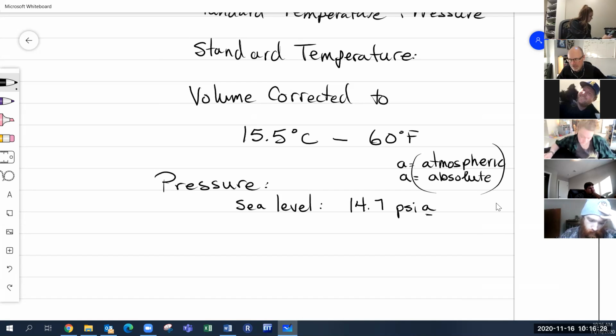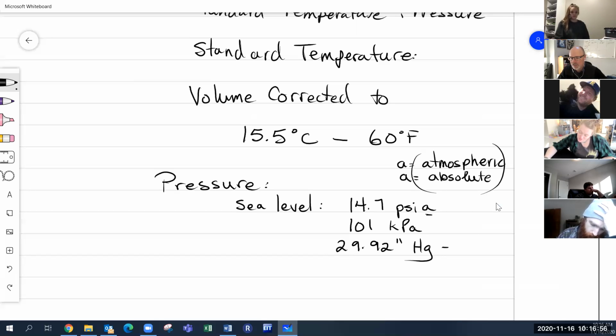There is a metric equivalent to this pressure, and it is 101 kilopascals. Now, there's also a mercury equivalent to this, and it is 29.92 inches of mercury.